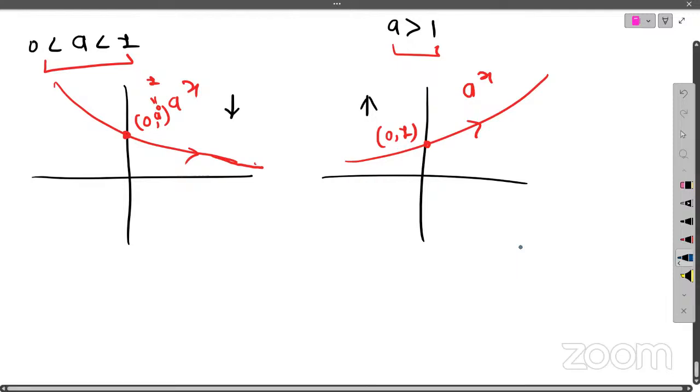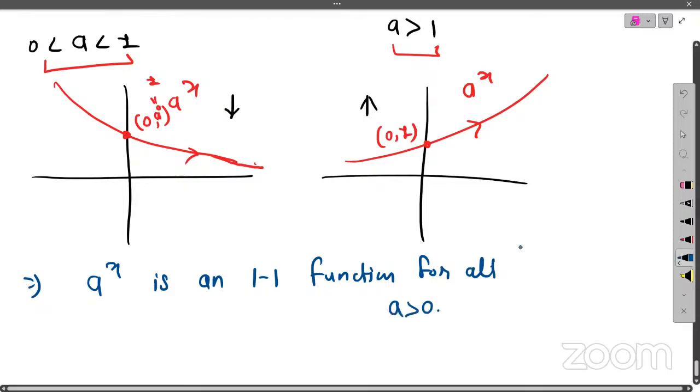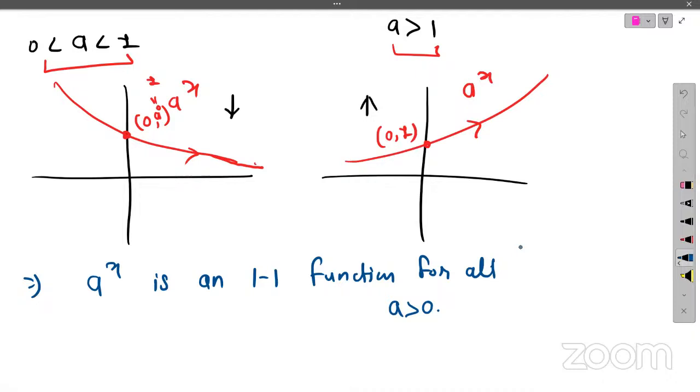That's why this function a to the power x is a 1-1 function for all a strictly greater than 0. Because in this case or this case, any horizontal line will intersect the graph at most once. So that's why it's a 1-1 function.